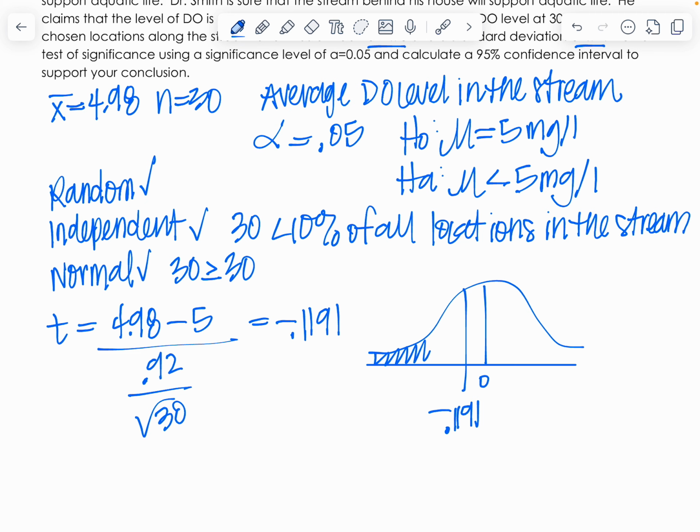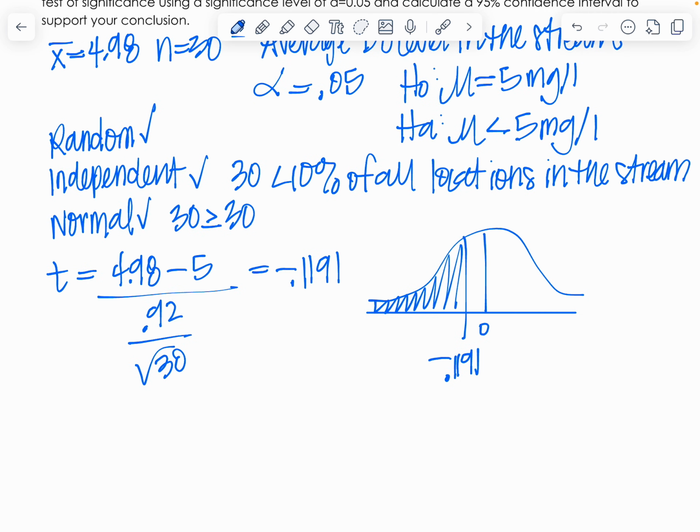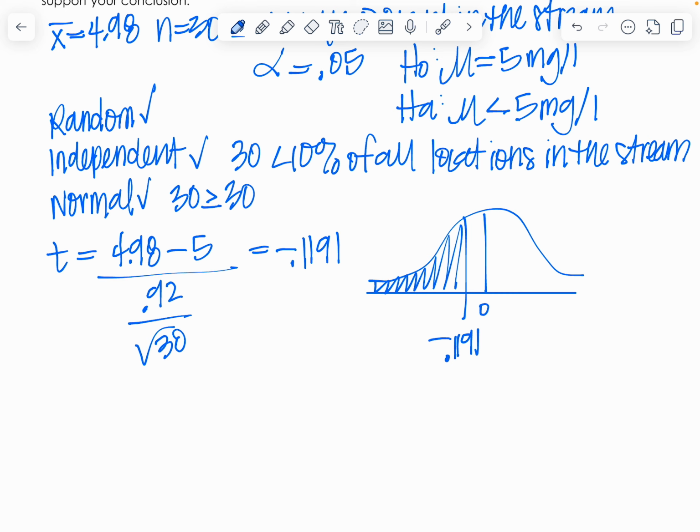We are shading almost half of our curve, which means we should anticipate a pretty high p-value here. So we would do tcdf to find this p-value from negative 1,000 to negative 0.1191 with 29 degrees of freedom.